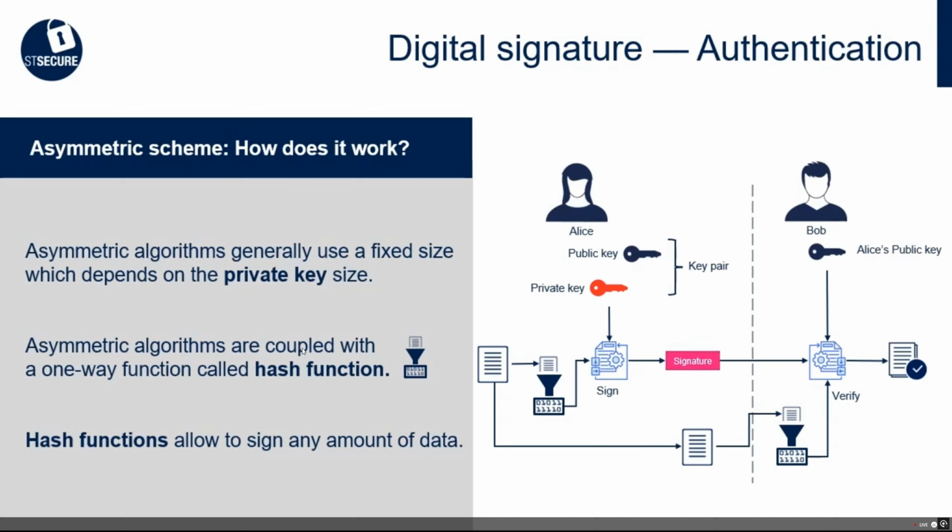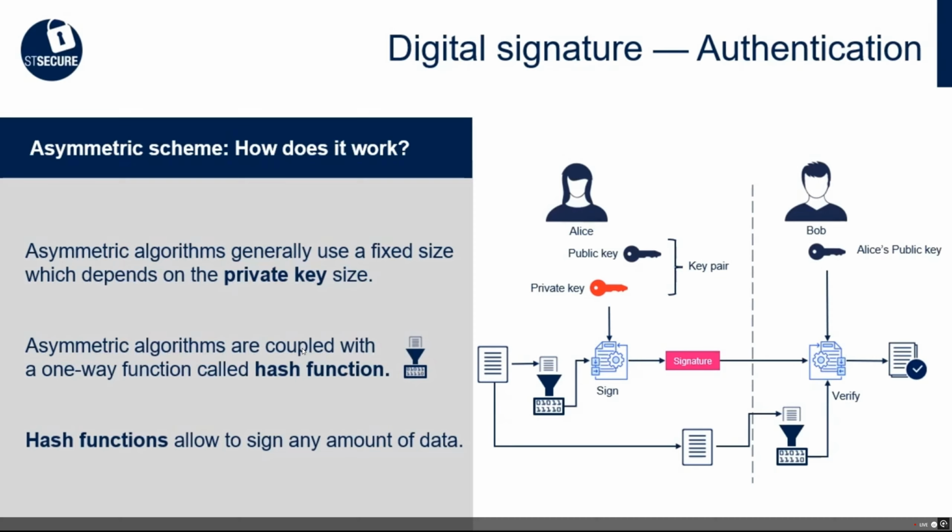So when you have a large amount of data to sign, you will need a hash function. A hash function is a cryptographic tool that takes any amount of data and generates a fixed sized value. This is a one-way function, which means that from the digest value, calculated with the hash function, you can't go back to the initial data.